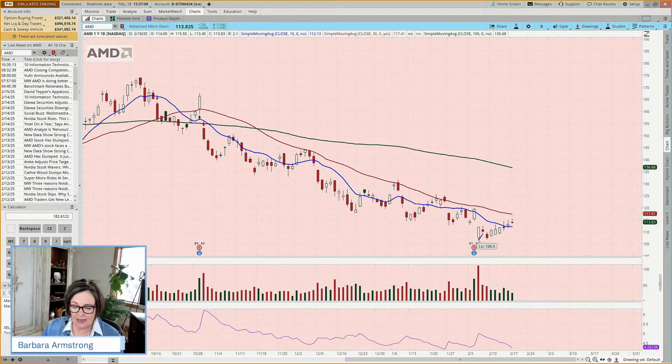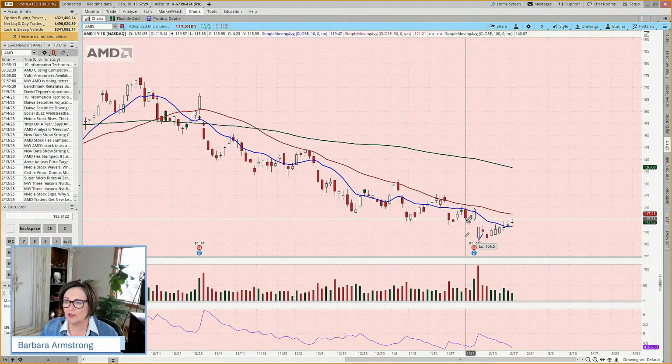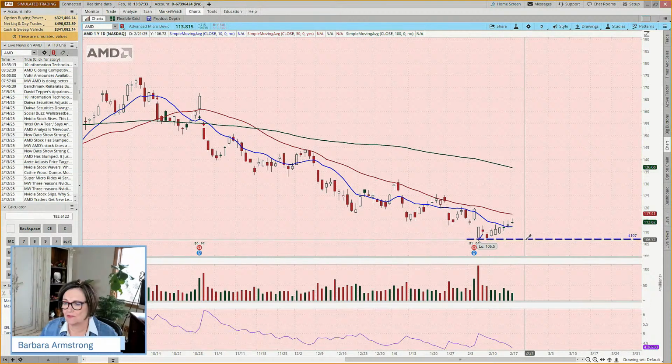So if we looked at that and said, okay, if I buy a put, oh, sorry, I still have my drawing tools on. So we are going to put our target right here at this 106 level.